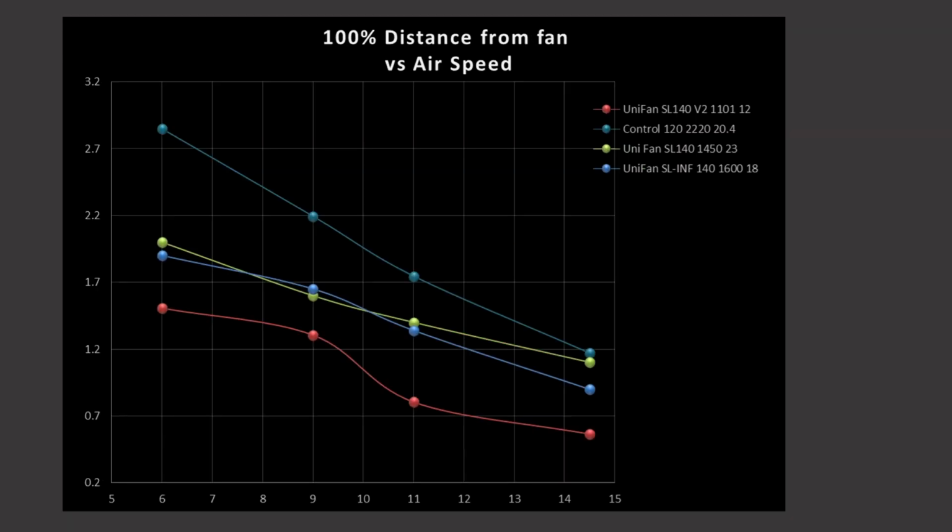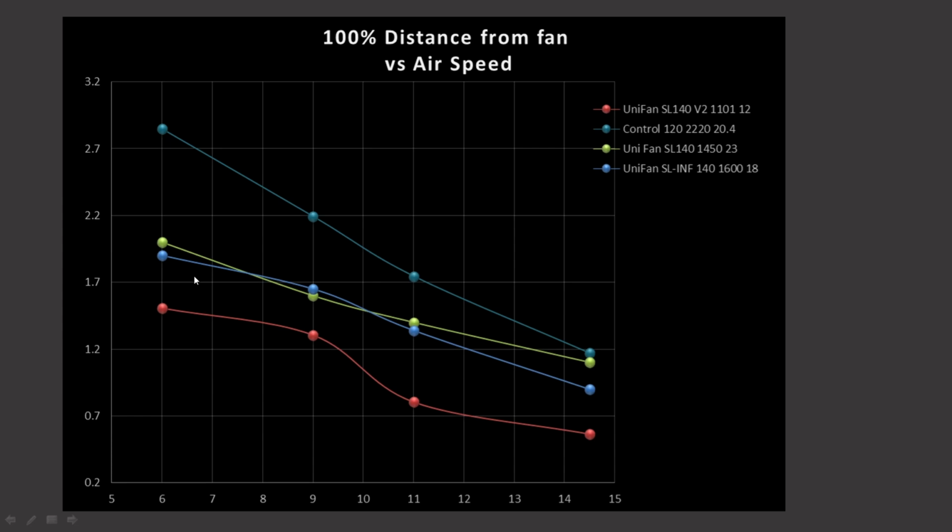Looking at things at 100% PWM fan signaling, we've got the fan name, the RPM, and the decibel reading that I measured while doing the test. My control fan also now has an RPM and an effective noise level. This is calculated based on the average or the combined results of the two fans that were used to generate that control fan.